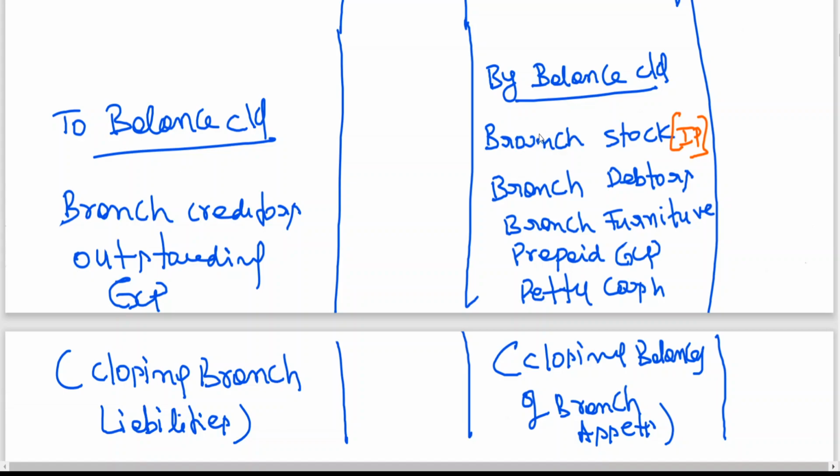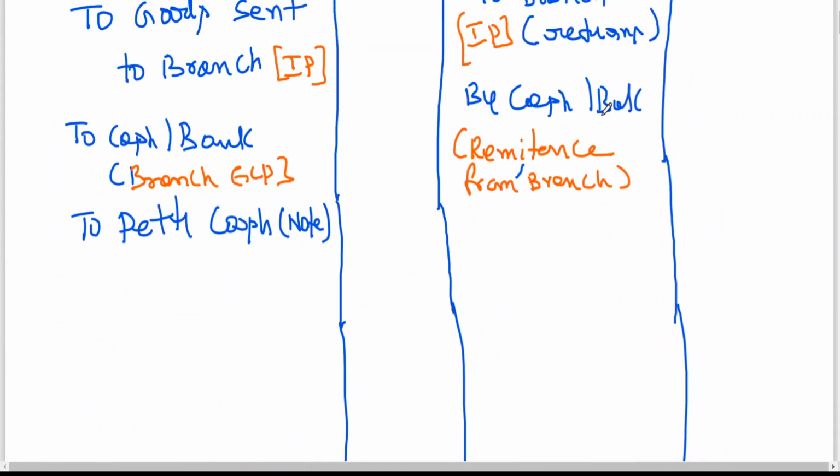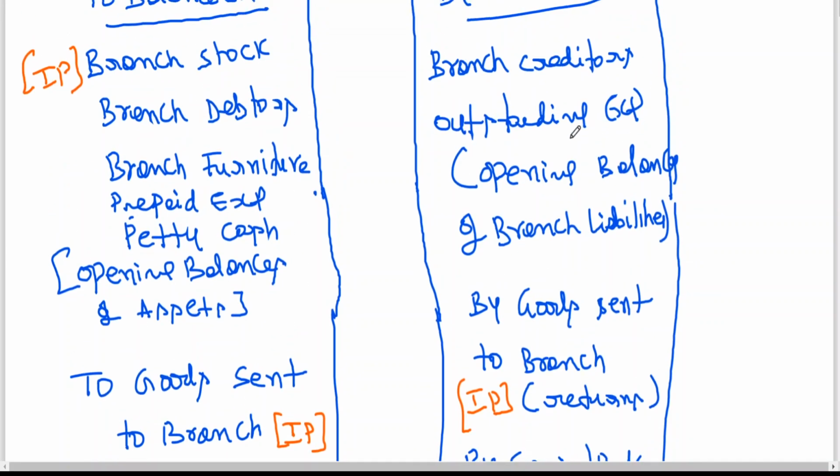Like consignment, we haven't done many problems on opening stock in consignment. But you have learned goods sent on consignment loading effect and unsold stock loading effect. Here we have one more item, goods returned by branch loading effect, and opening stock loading effect. You know that the opening stock loading effect will appear on the credit side.